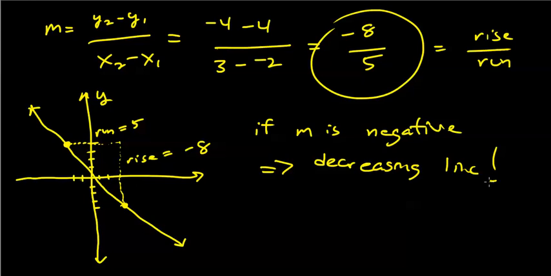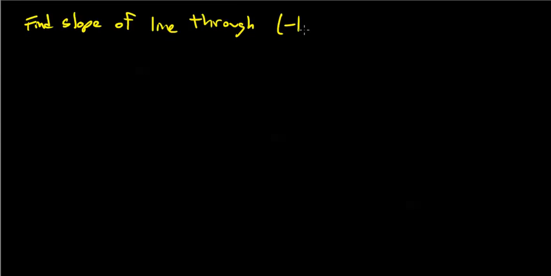Let's try another one, this time with a positive slope. Find the slope of the line through minus 1, 3 and 2, comma 6. You can take these points in any order you like.